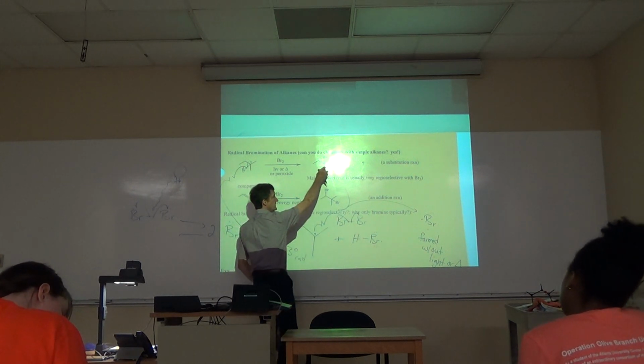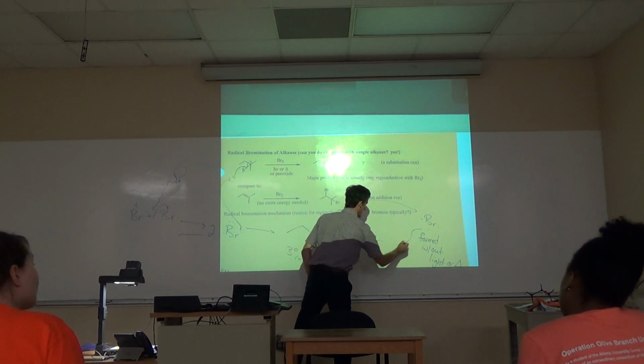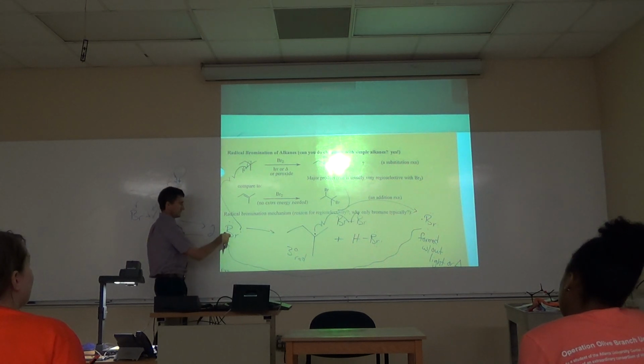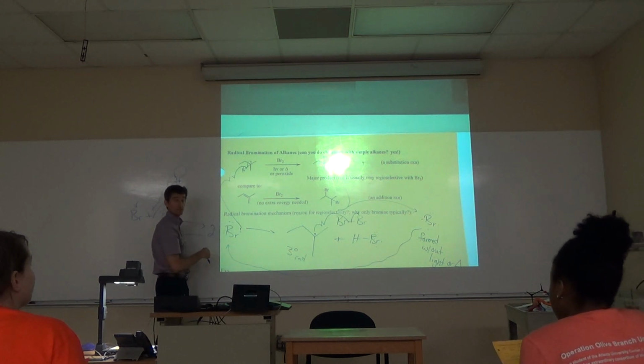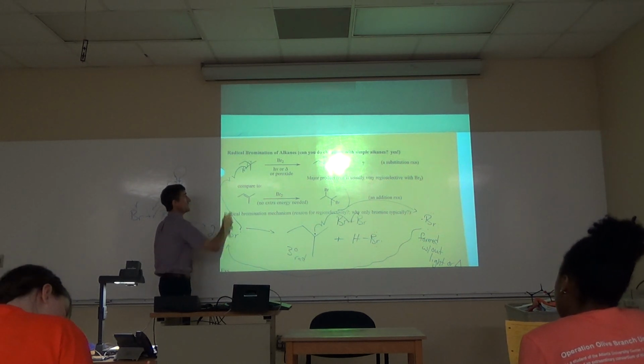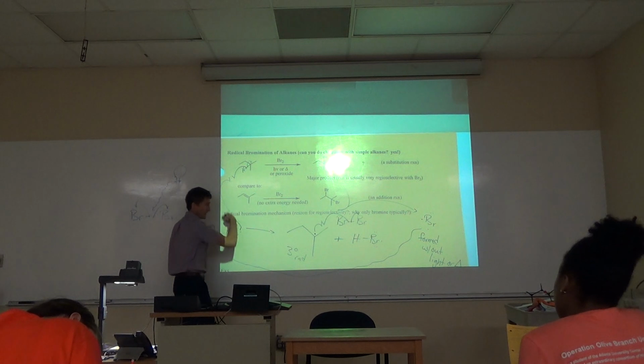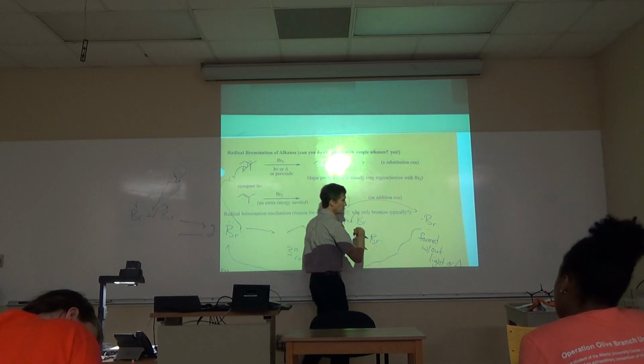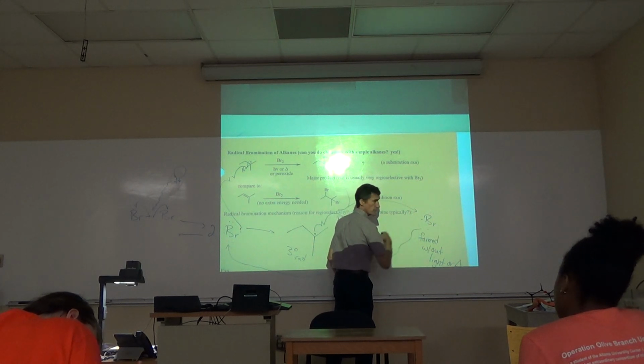We made product, but then this bromine radical can do what? It comes back over here and it serves as one of these, and now it can go react again. Now you come in with your second molecule, your second Br2, you do this, but guess what you produce? Bromine radical.